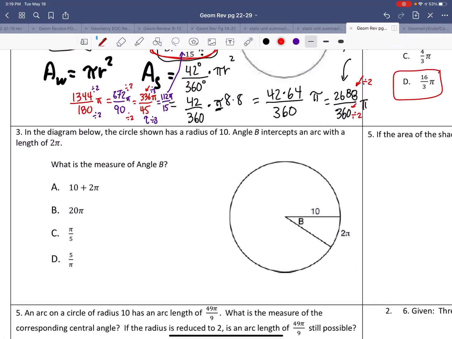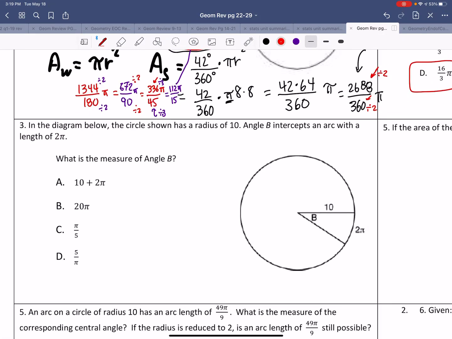Okay, question number 3. In the diagram below, the circle shown has a radius of 10. The arc intercepted with it has a length of 2 pi. Okay, what is the measure of angle B? So I don't want the whole thing, right?